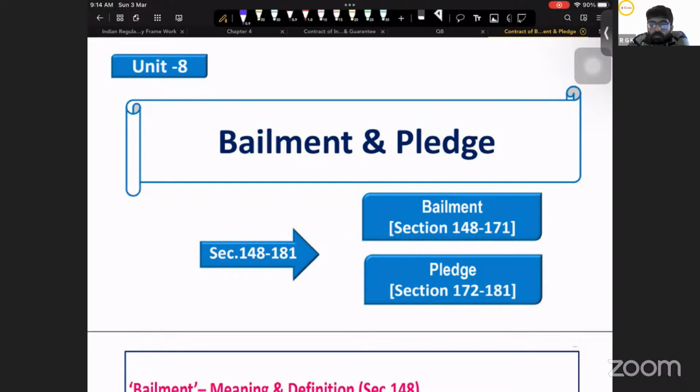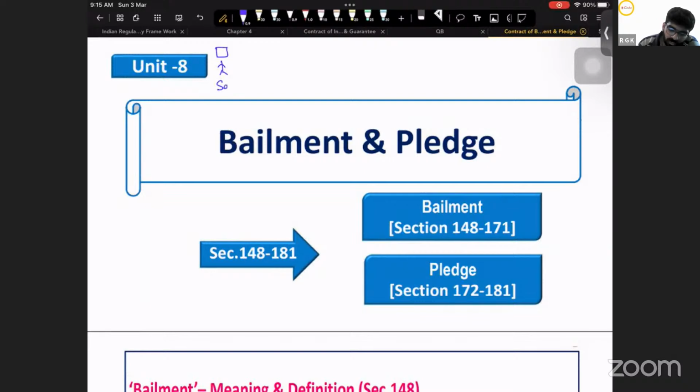Probably in the Sale of Goods Act chapter, we have come across this concept called bailment. We differentiated between bailment and sale. So what exactly is bailment? Probably to analyze this, we will derive the discussion from Sale of Goods Act only. Let us say what is contract of sale. Section 4 of Sale of Goods Act defines what we mean by contract of sale. Going by that, there will be two persons.